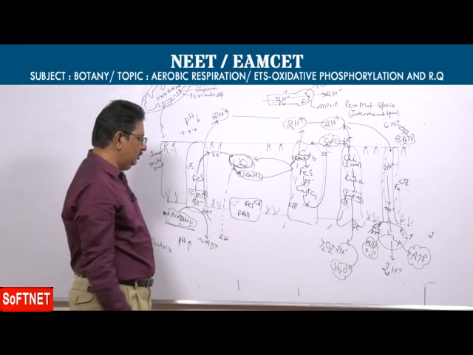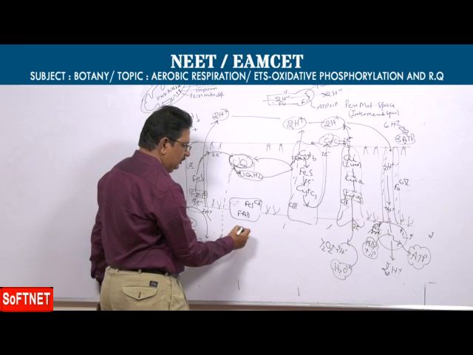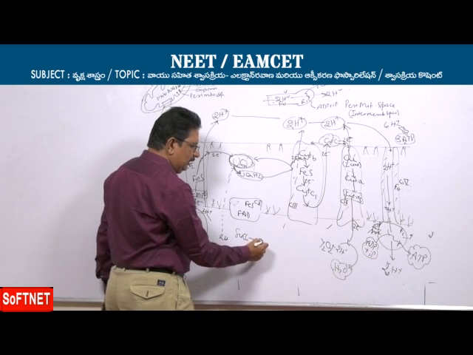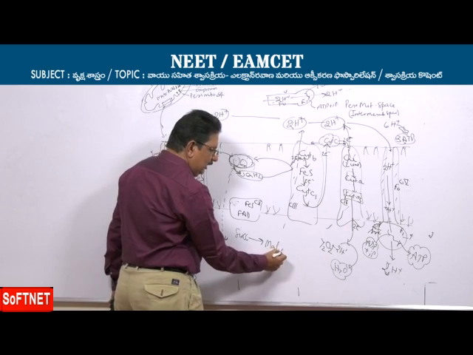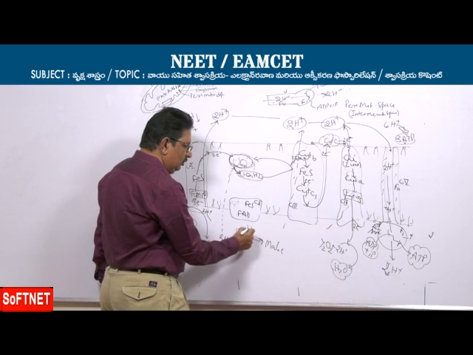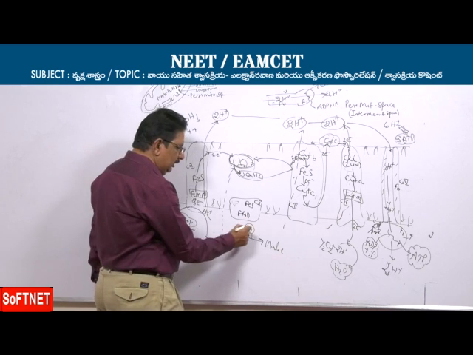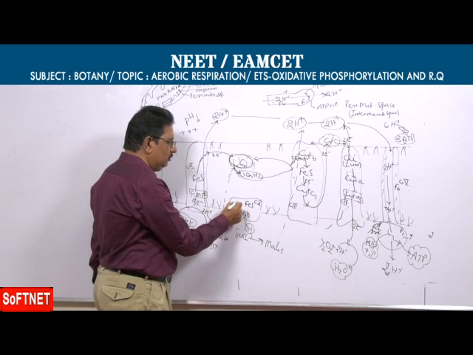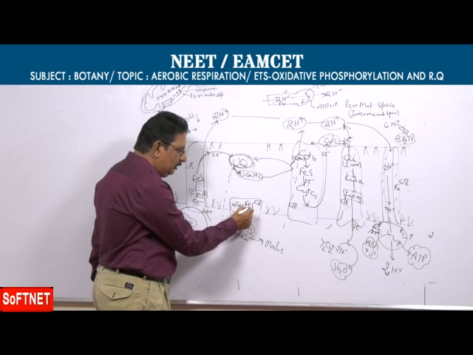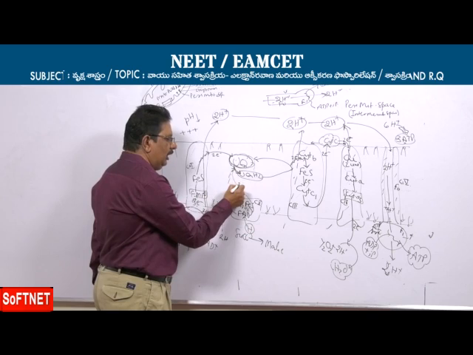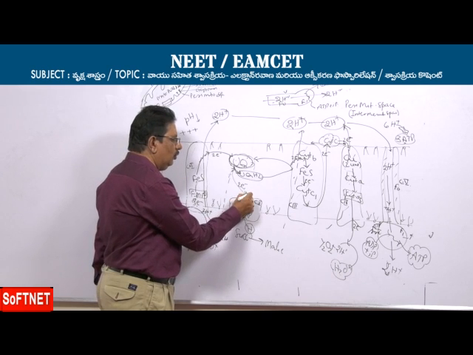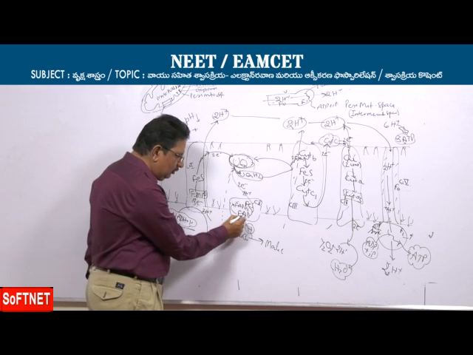So, another reduced coenzyme, that is FADH2. During the conversion of succinic acid into malic acid, hydrogens are removed, which are taken by FAD of complex 2, which converts into FADH2, and FADH2 is oxidized by releasing its electrons to ubiquinone and protons and converts into FAD.